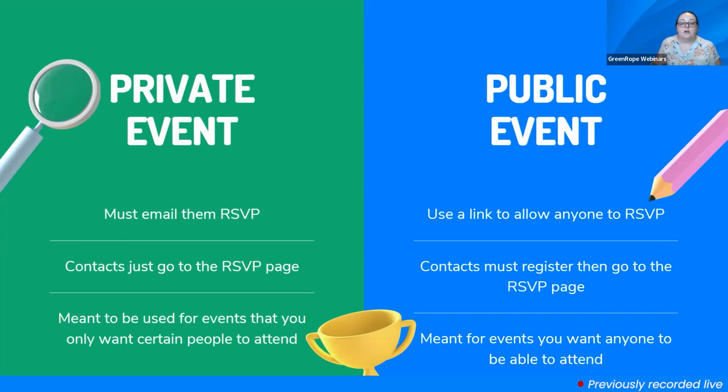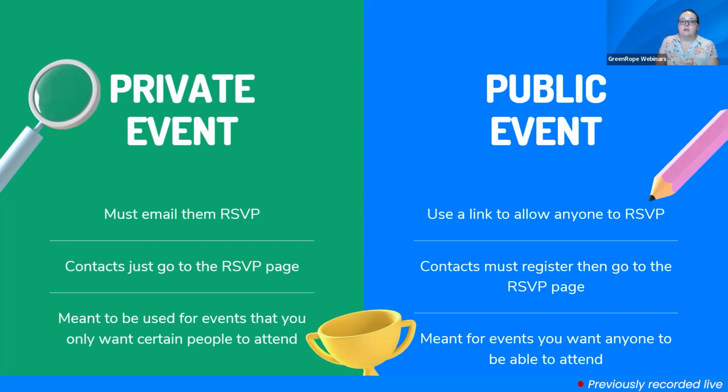The other differences are when I send out an email for a private event saying, hey, RSVP here, it takes them straight to the RSVP page that I've shown you, right? When you do a public event, the link that you send them takes them to a registration page where they have to register their email address. This will create them as a contact if they aren't one already.